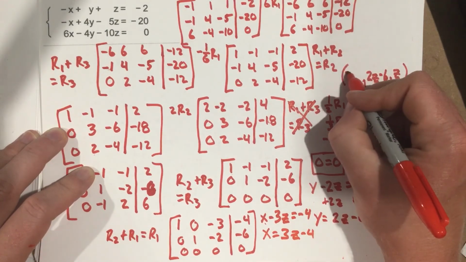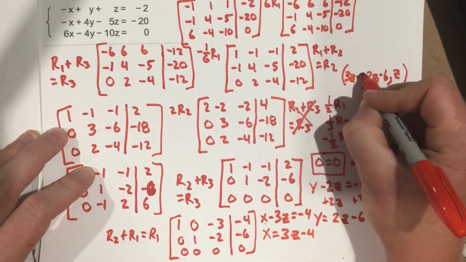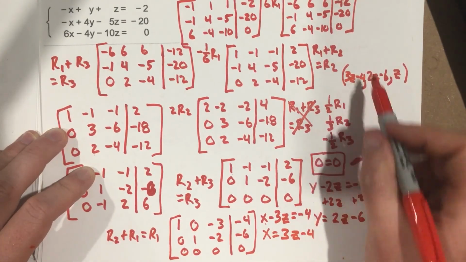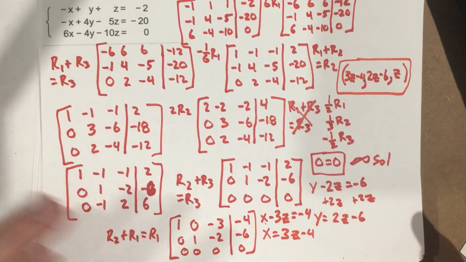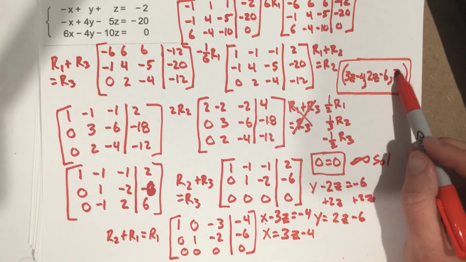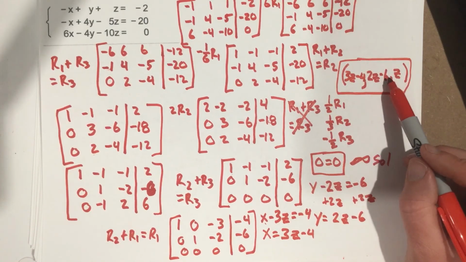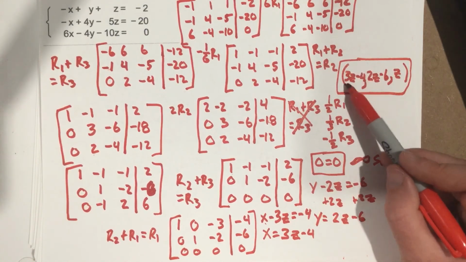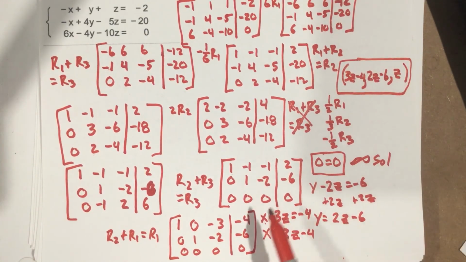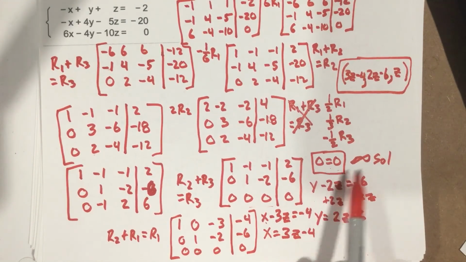So we're going to have 3z minus 4 for our x value there. So our solution is infinite solutions, but z is the infinite variable, 2z minus 6 is the expression representing y, and 3z minus 4 is the expression representing x. And we could see that we got there with all zeros on the bottom, meaning 0 equals 0 is infinite solution.